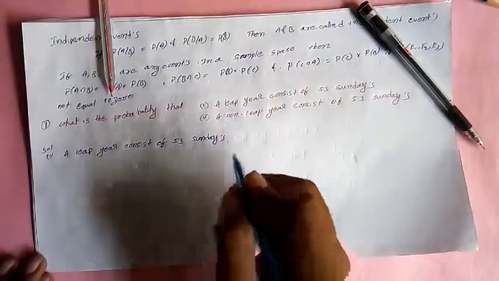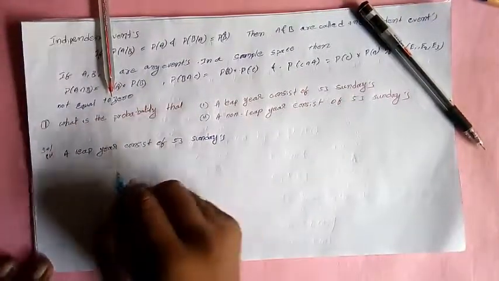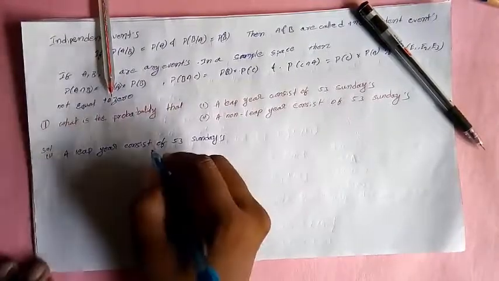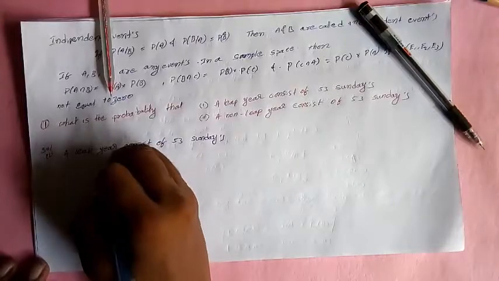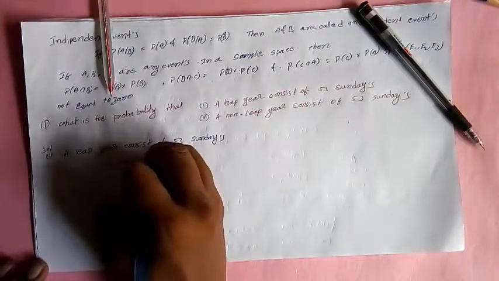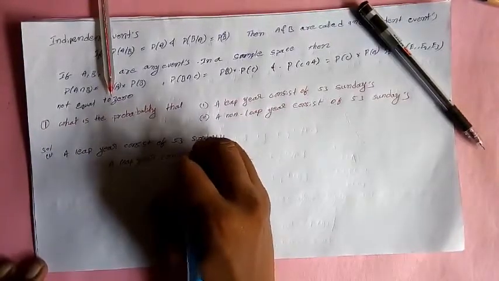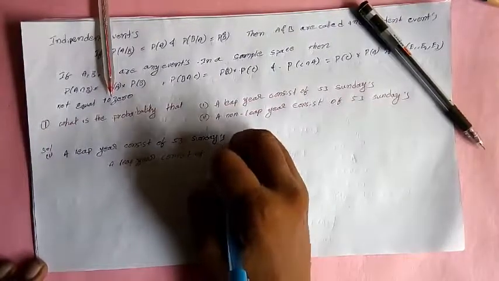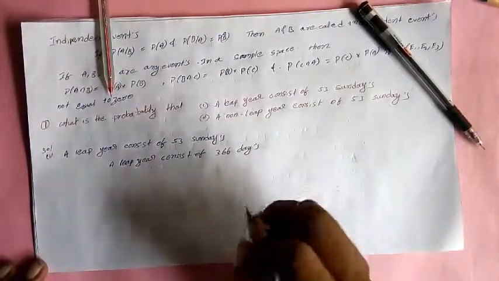A leap year means the number of days in a year is 366. So a leap year consists of 366 days per year.